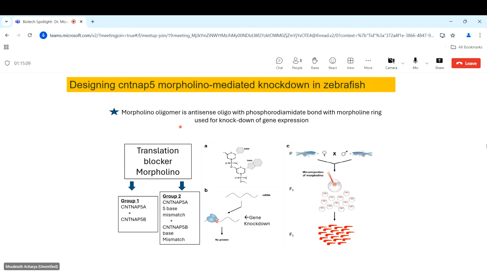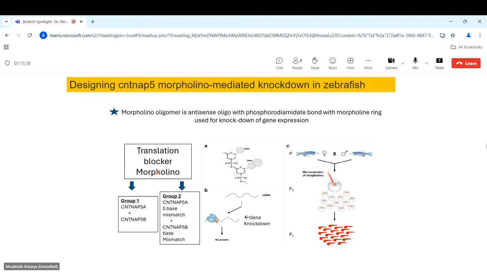So why not we try to knock down this gene and see the effect of this gene in zebrafish. So what we have done is use an antisense oligo. This is called morpholino. So it has a morpholine ring. That's why it is called morpholino. So essentially, this is an antisense oligo technology where you design the antisense oligo against these genes, and this is a translation blocker morpholino.